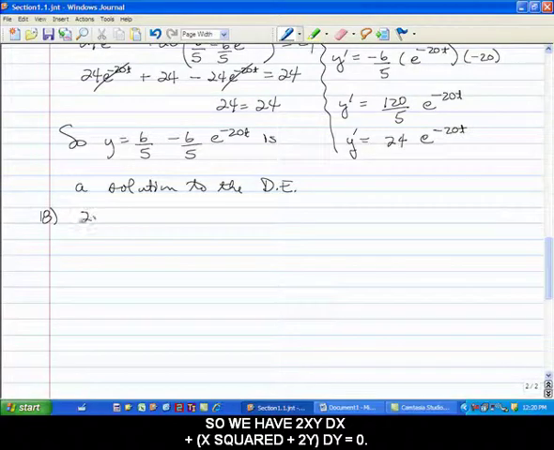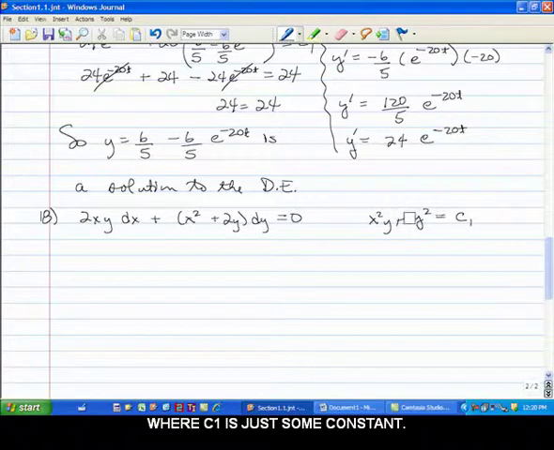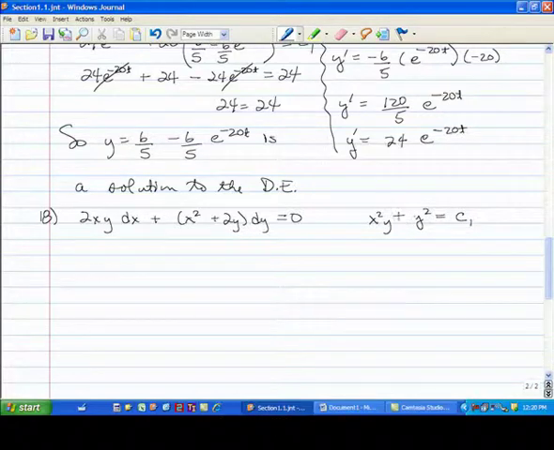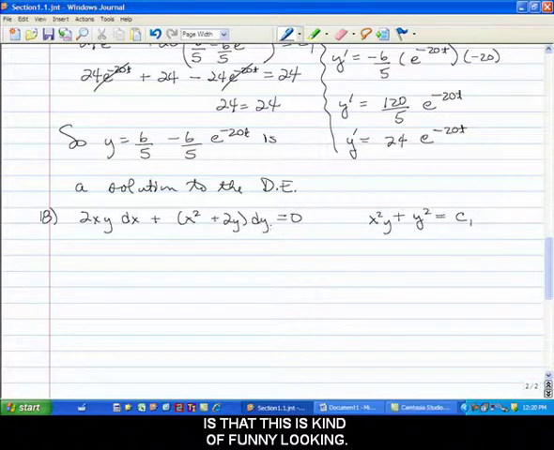So we have 2xy dx plus x squared plus 2y dy is equal to 0. And then x squared y plus y squared is equal to c1, where c1 is just some constant. Now, the one thing you might notice here is that this is kind of funny looking.